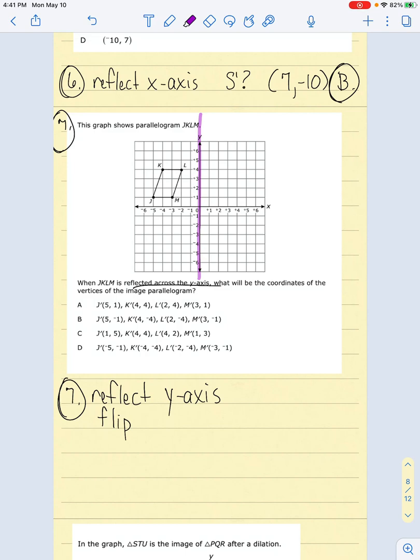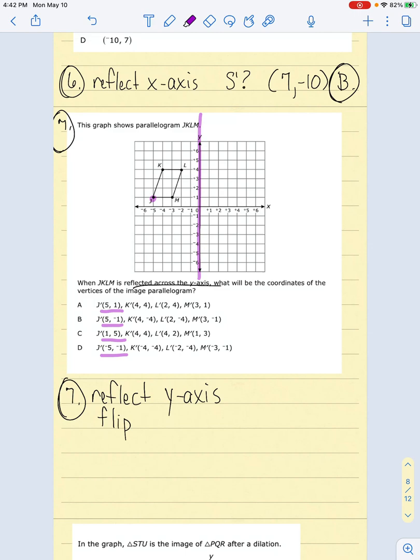Now remember, we want to work smarter. Let's look just at J in our choices. 5, 1; 5, negative 1; 1, 5; negative 5, negative 1. I notice all of those are different, so I can just move my J. Now, if they weren't all different, I'd have to find another vertex that is all different, but this one works.